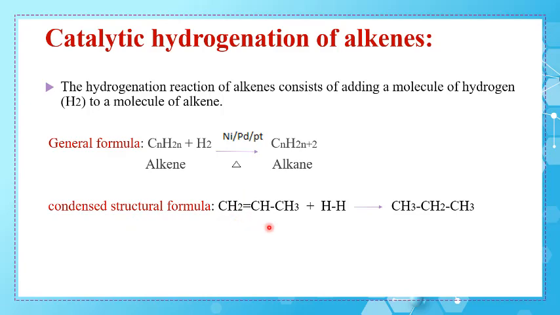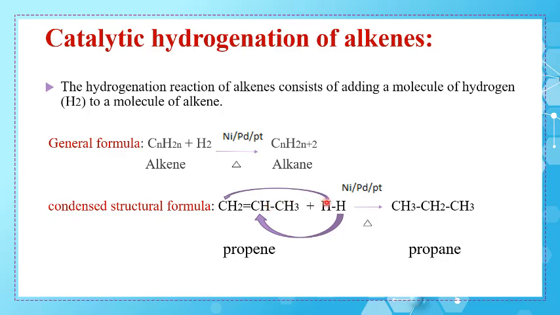If I take, for example, propene, and I want to add H2 on the propene, the mechanism is we must add H2 on the double covalent bond and on the carbon atoms just next to the double covalent bond.